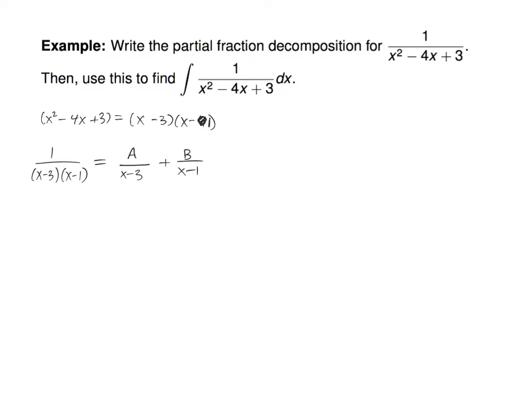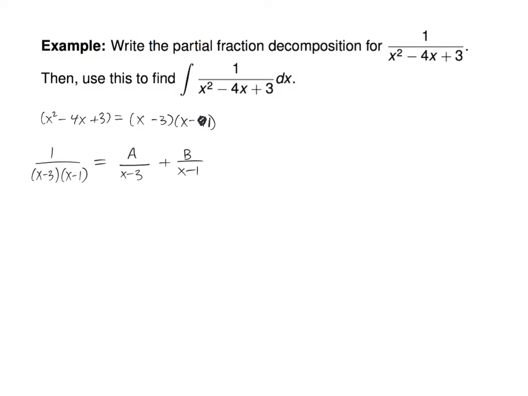Wouldn't the degree technically be 2 since you have 2 different x's? The degree is 2 of the thing on the left, but I'm talking about the things on the right. So that's your first step: break it up into the 2 factors, and then we're going to figure out what those a's and b's are.